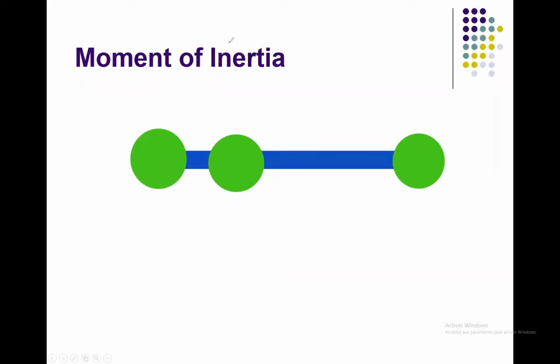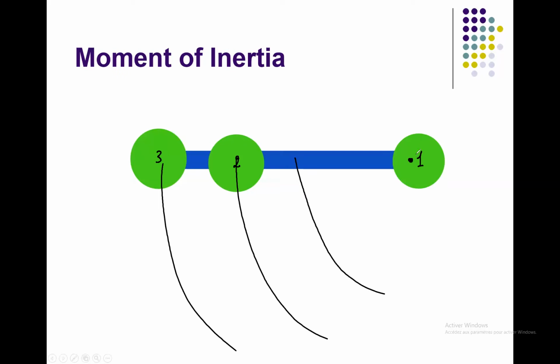So here we have many objects: ball 1, 2, 3, and the rod. In this case, I give you the x at this point. All the system will turn like this, the rod will go down, and this one is fixed. We get a rotation about the axis.